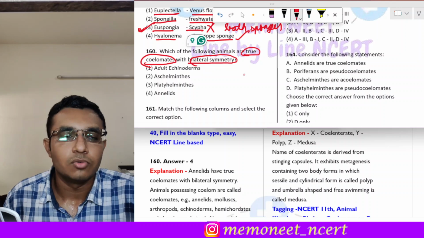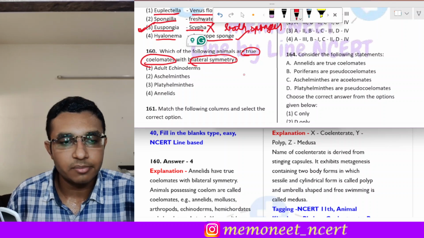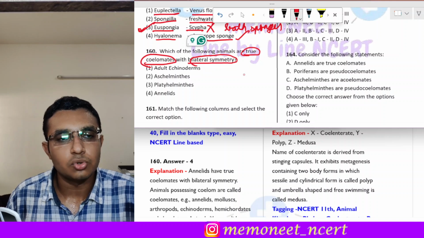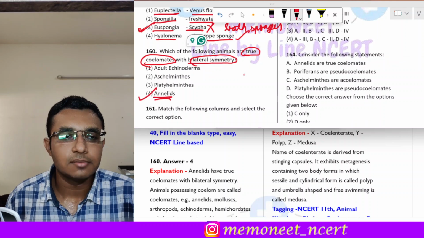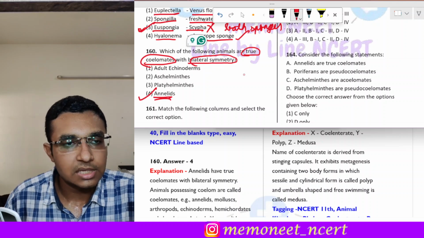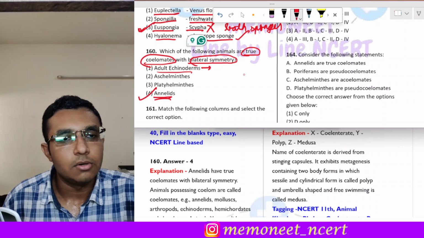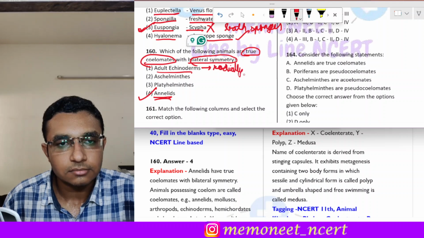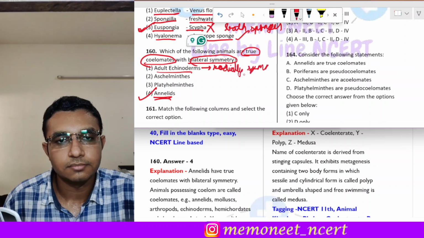Okay, so which is the organism showing true coelomate and bilateral symmetry? So these two properties are shown by annelids, the organisms belonging to phylum Annelida. So if we see among the following options, the adult echinoderms, they do not show bilateral symmetry, they are radially symmetrical.